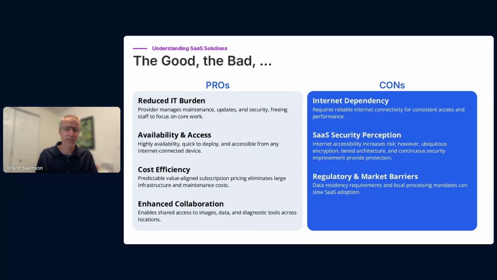Another potential con with SaaS systems and cloud-based systems in general are potentially regulatory or jurisdictional requirements about data residency and processing location. And again, this is one where you need to look pretty carefully at the regulations and look at the cloud vendors that are available in your jurisdictions to see if there's a match there or not.